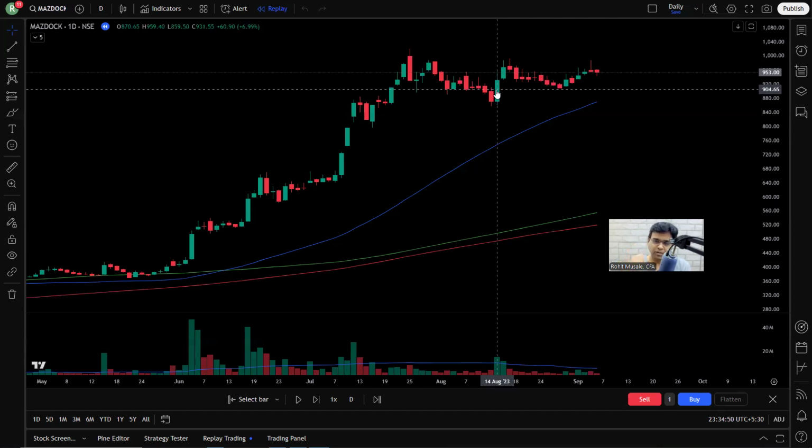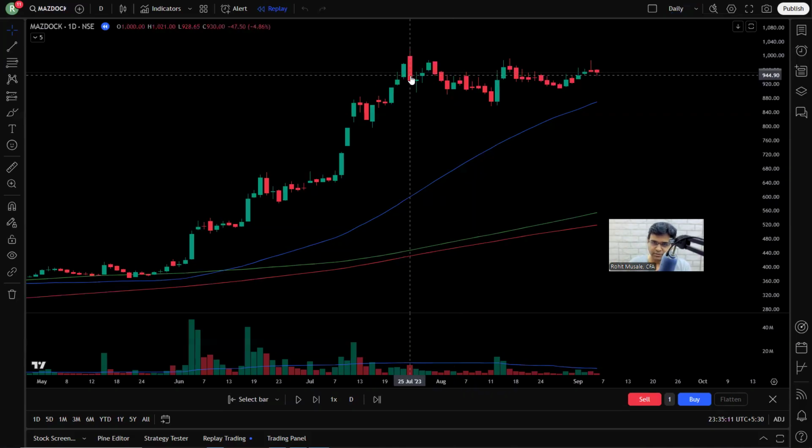But that midpoint value is very important because that helps us determine whether it's a strong closing candle or a weak closing candle. So for example, if the closing is above the midpoint on that candle, that's a strong closing candle. And if the closing is below the midpoint of the candle, like for example here, that's a weak closing.